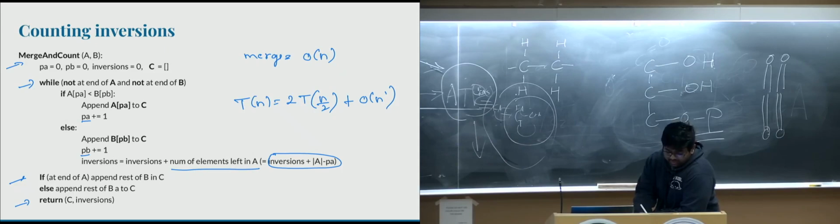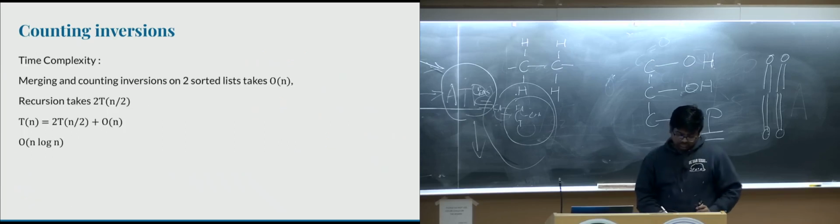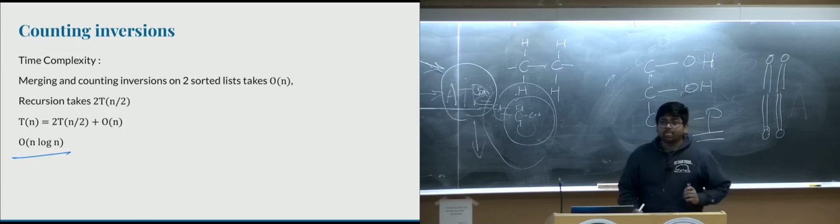It comes in the category where A is equal to B raised to D, and it will be n raised to D log n. I hope I'm right about this. But yes, it will be n log n. Master theorem. Any questions on this one?